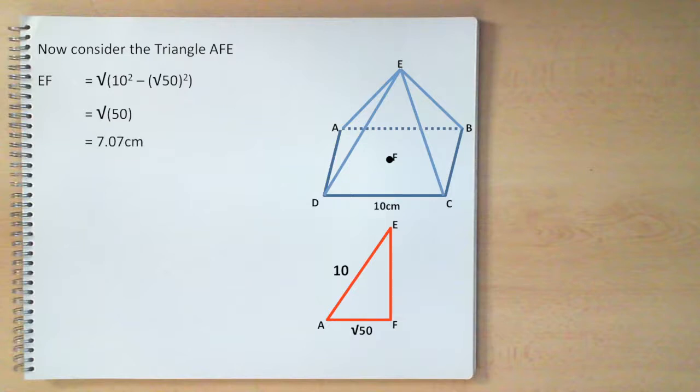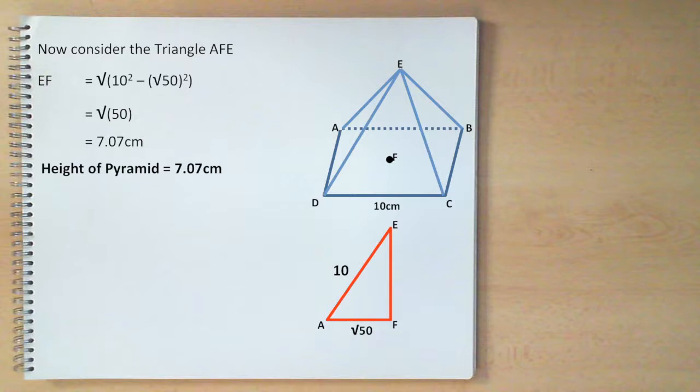And as we mentioned before, that's 7.07 or 7.1 if you do it to one decimal place. So with two fairly quick steps there, we've worked out the height of that pyramid by recognizing the triangles that exist within that pyramid and using them to our benefit.